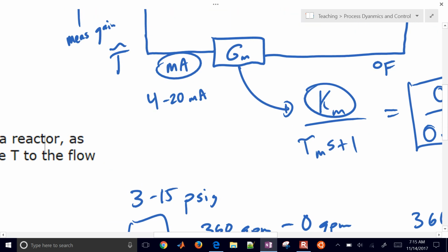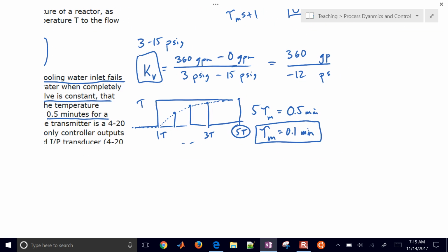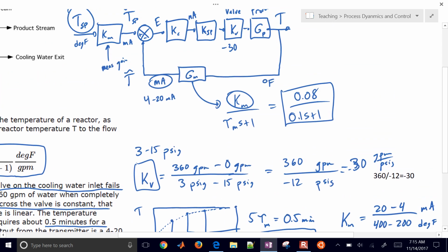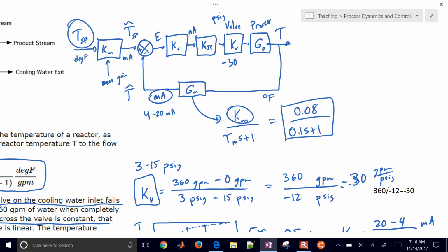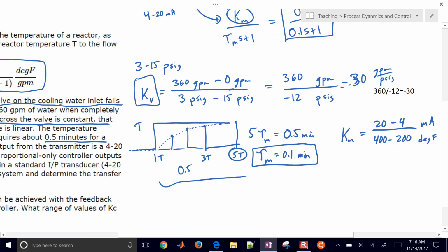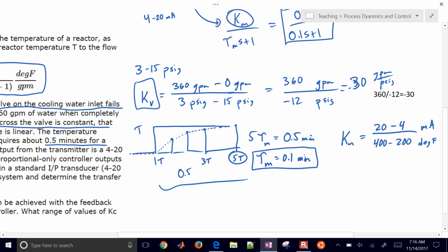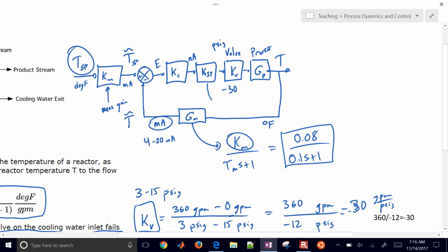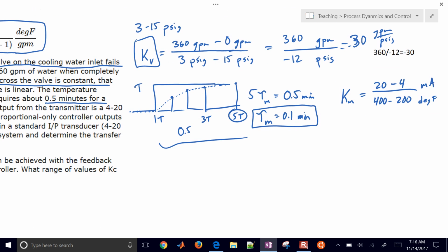So let's continue on now. We've got our measurement transfer function, we have our valve transfer function, and we need our KIP as well. We need the one that converts the milliamp into a pressure signal, and we're just going to use the standard industrial process control values.